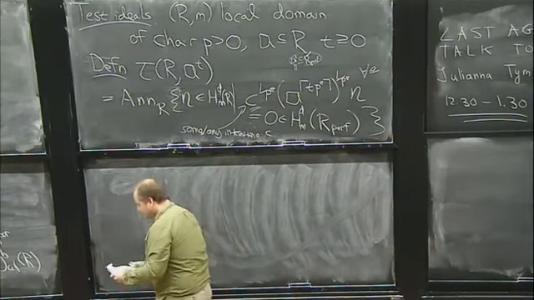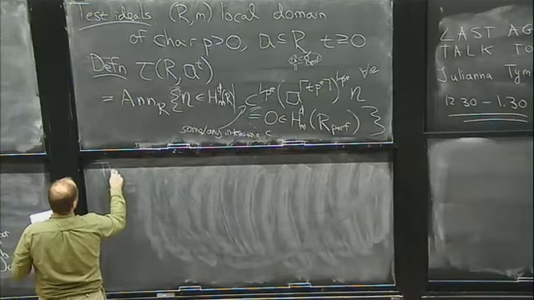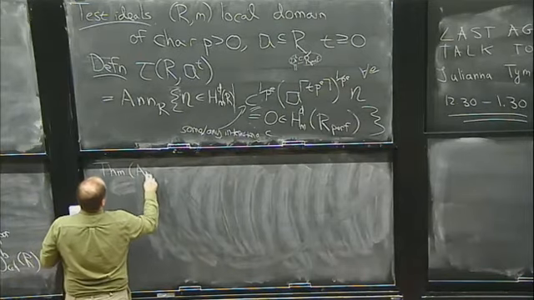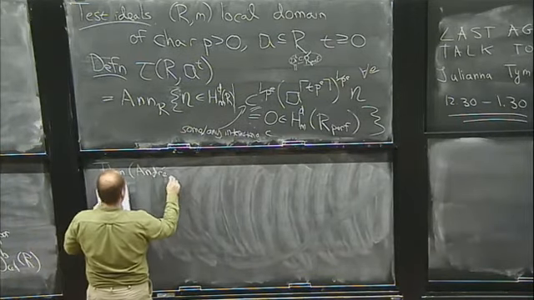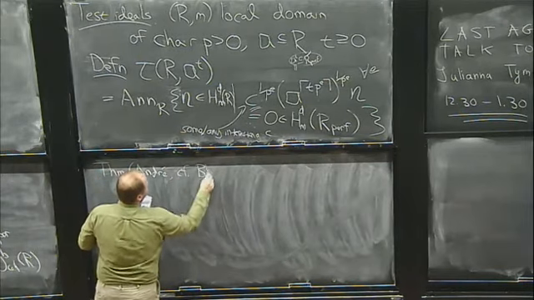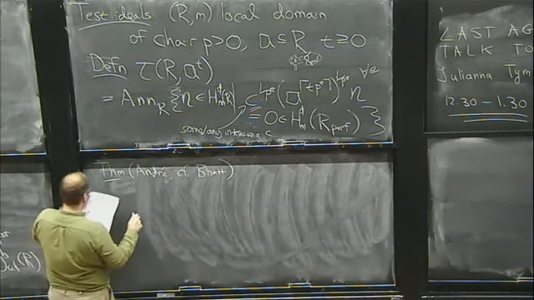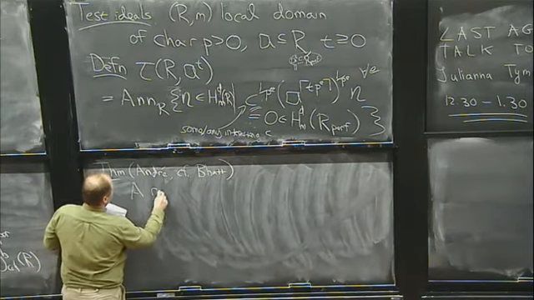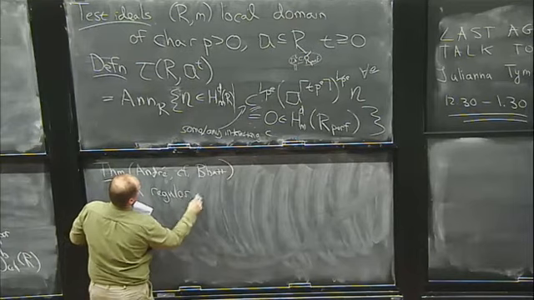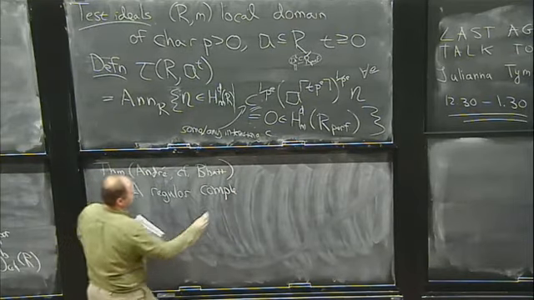So one of the things that comes out of their proof, or at least with a teeny bit of additional work, maybe taking a direct limit, is if A is regular, say complete, of mixed characteristic.